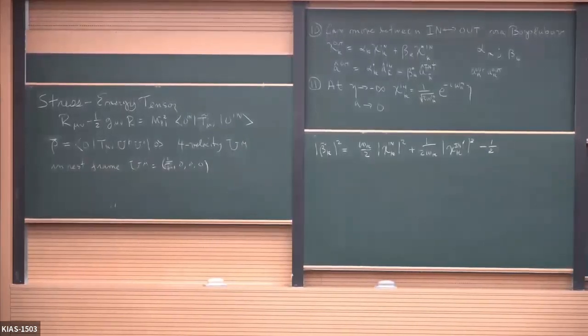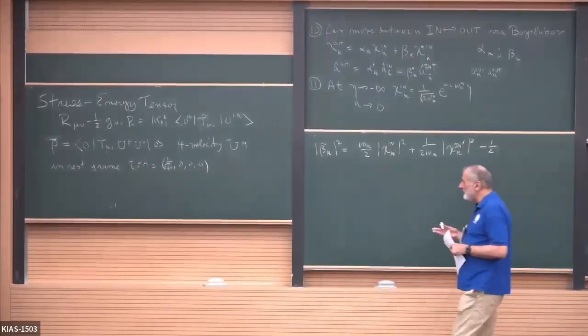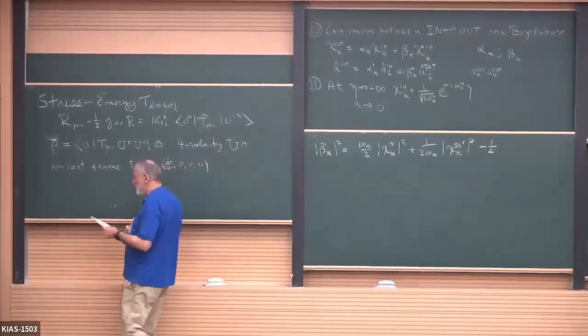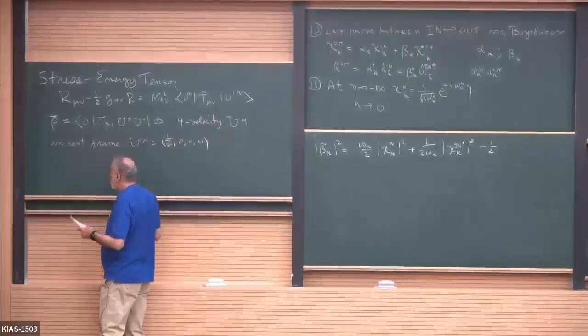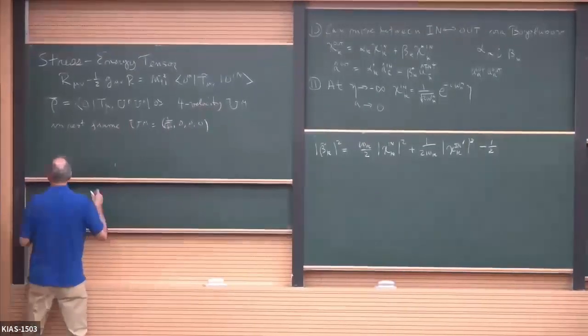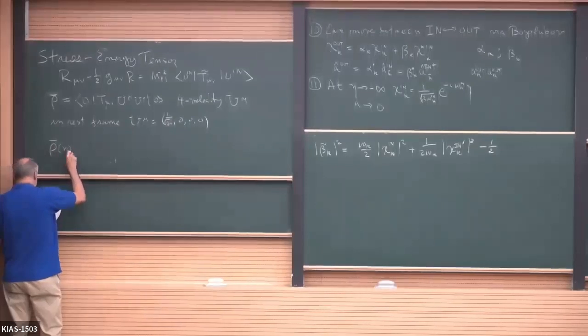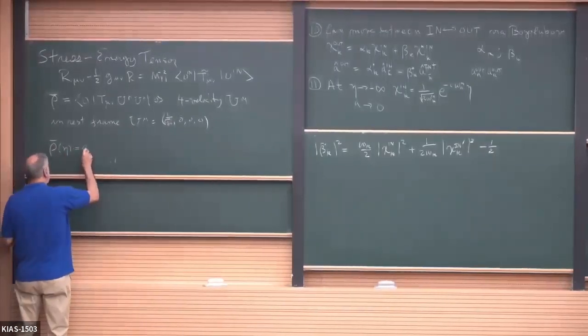All right, so it's straightforward. We have the action. We can calculate T mu nu. And I'll just write what it is. Of course, it changes as a function of eta.